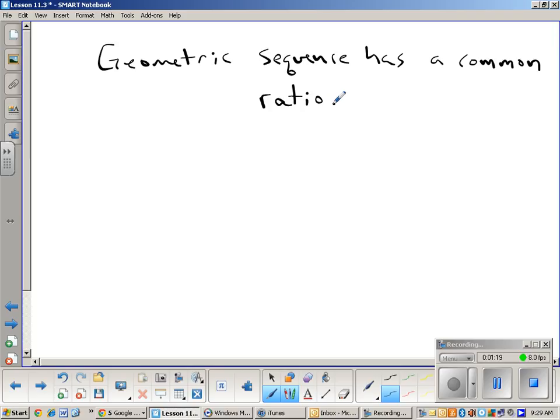The way to find that ratio is to take a term, I'm just going to say n, and divide it by the previous term, n minus 1. The way to find the ratio is to take a term and divide it by the previous term. That'll give you the common ratio.